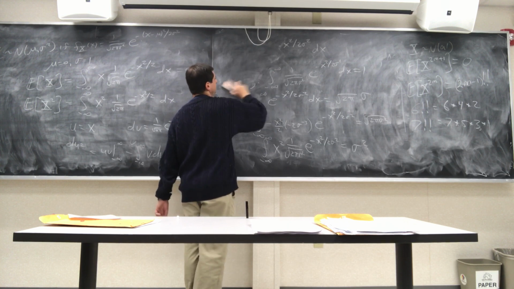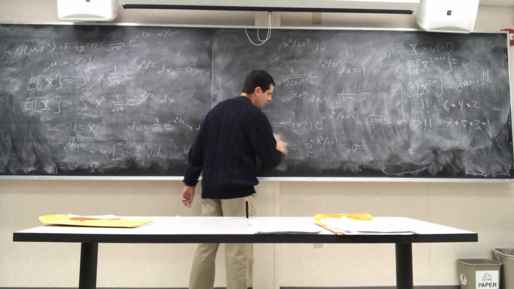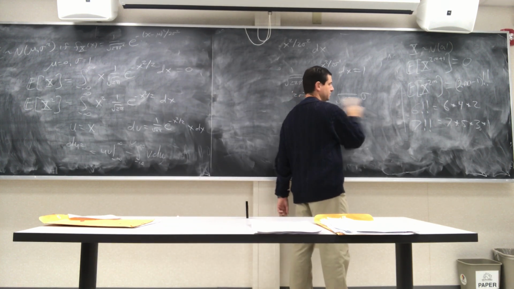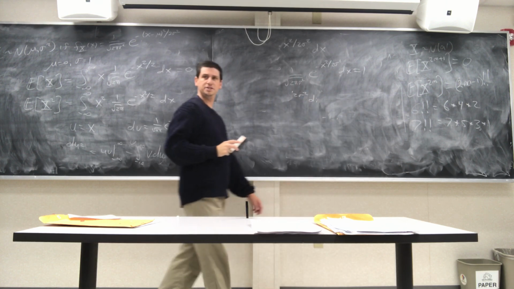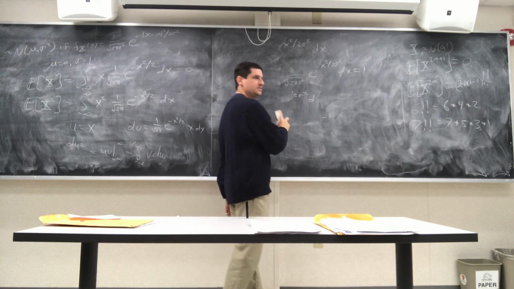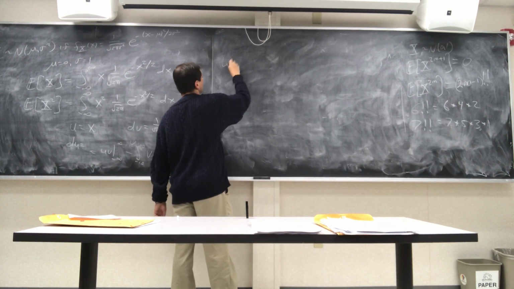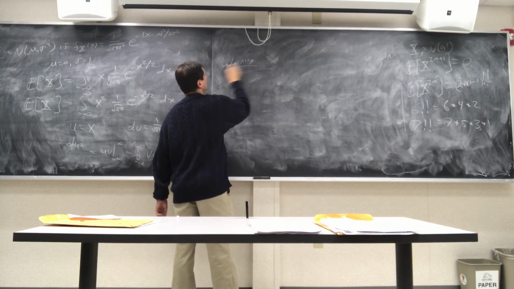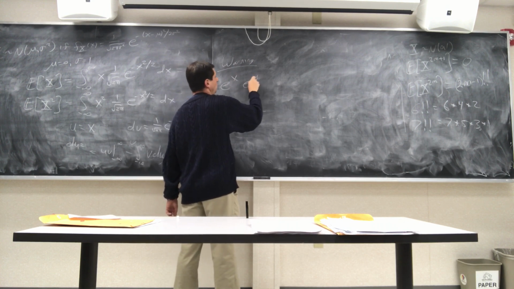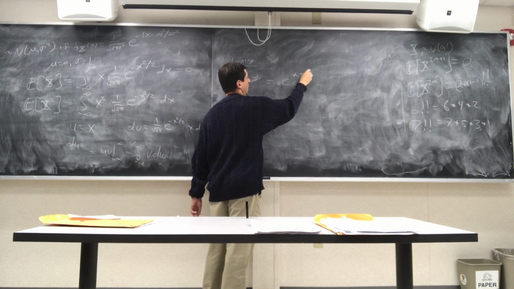And so one of the things you've got to be very careful about is, did we talk about how you can combine exponents? E to the x, e to the y is e to the x plus y. Did we mention that in this class? Right. Just as a warning, e to the x times e to the y is e to the x plus y.